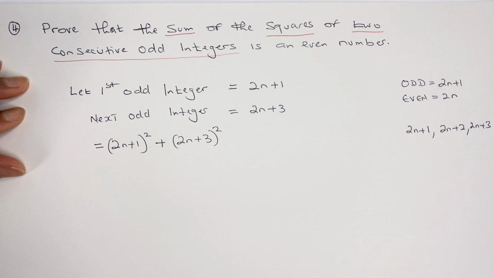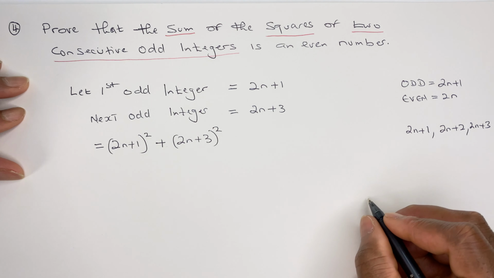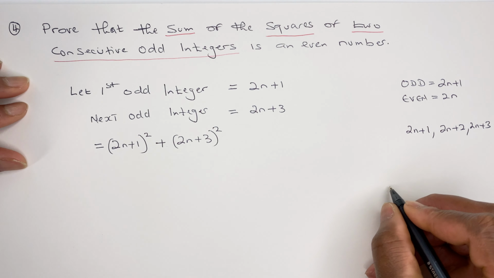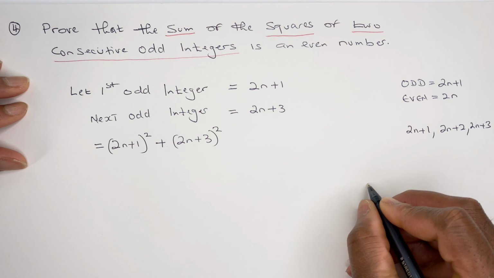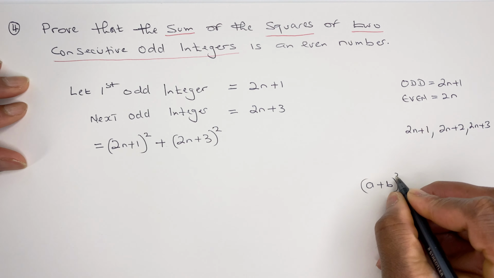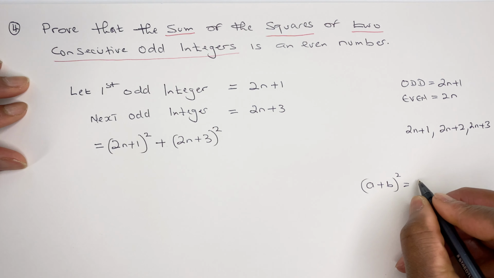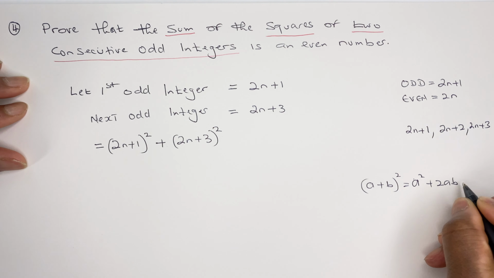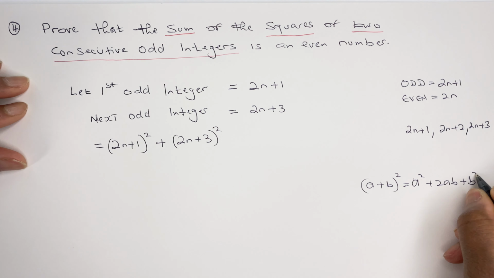So what do we do here? We need to learn to expand this sum. I know if I'm expanding a plus b squared, that will give me a squared plus 2ab plus b squared.